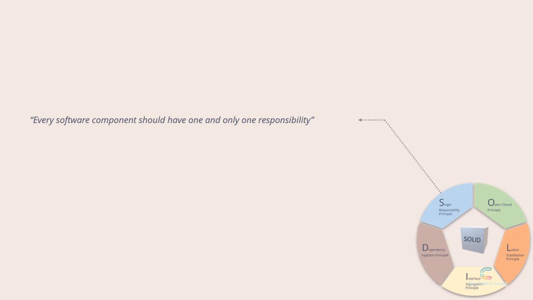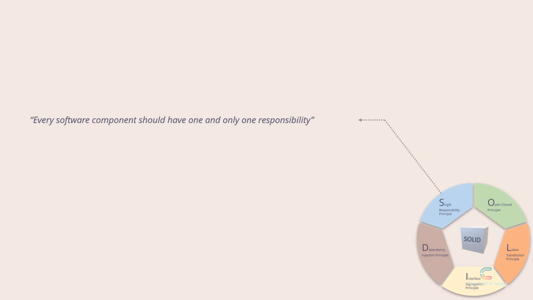In the previous sessions, we have seen the definition and the thought process behind the single responsibility principle. In this session, we will look at a slightly different flavor of the definition. The principle that we studied so far states that every software component should have one and only one responsibility.